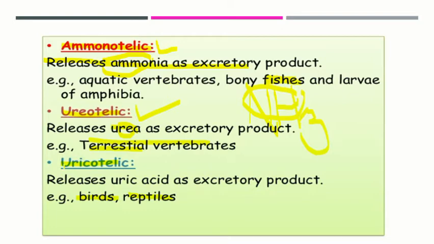Now come to the uricotelic. Here you can see what the difference is between ureotelic and uricotelic animals. Birds and reptiles are animals that also excrete.